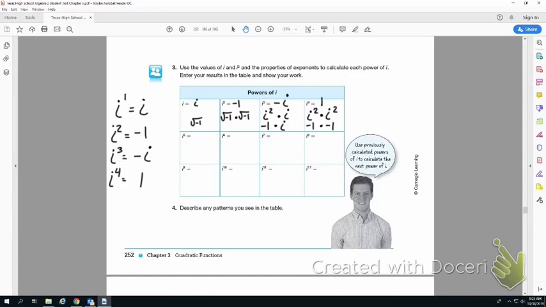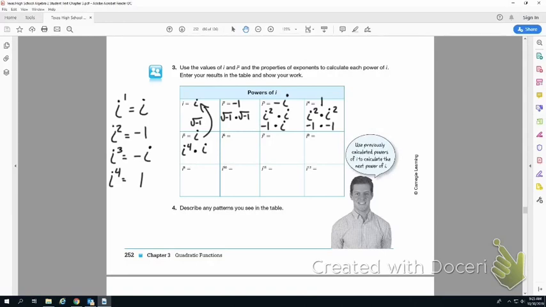So if I have i to the 5th, I've got 1 i to the 4th times i to the 1st. Is that i to the 4th doing anything? Yes or no? What does it become? i to the 4th becomes 1, so it isn't doing anything, and all I'm left with is i, which, like I said, is the same as i to the 1st.